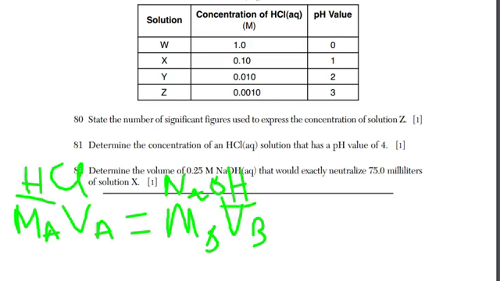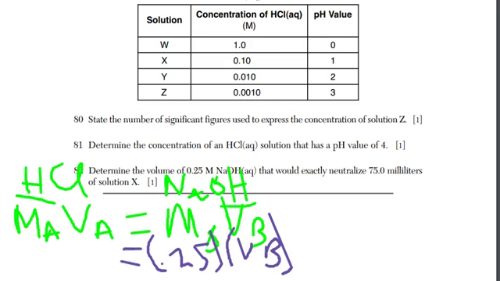All right, so determine the volume of 0.25 molar NaOH. So let's change the color here. Let's go with a pretty purple. So it's 0.25, right, is the concentration of my base. I'm looking for the volume of my base.